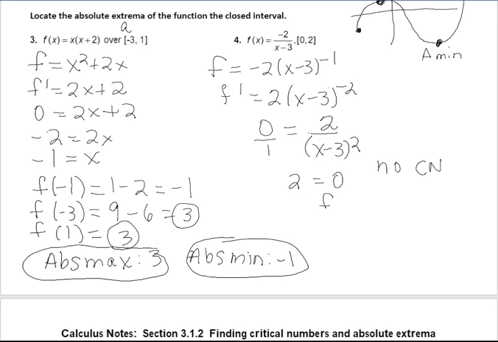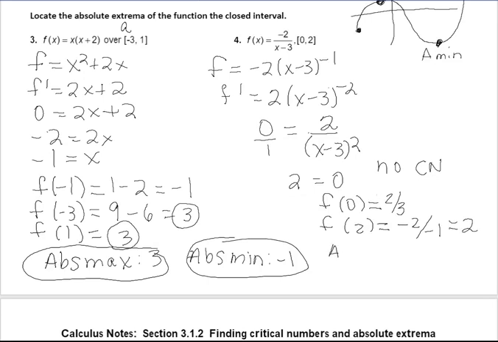So I'm going to have to compute f of 0. When I plug 0 in, I'm going to get 2/3. And now I'm going to have to do f of 2. That's going to give me negative 2 over 2 minus 3, which is negative 1. So that's going to give me 2. So that's smaller, that's bigger.